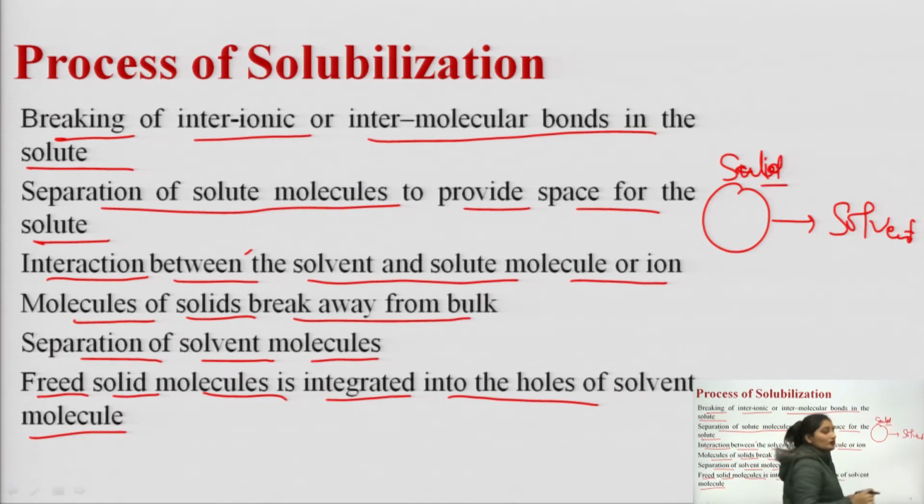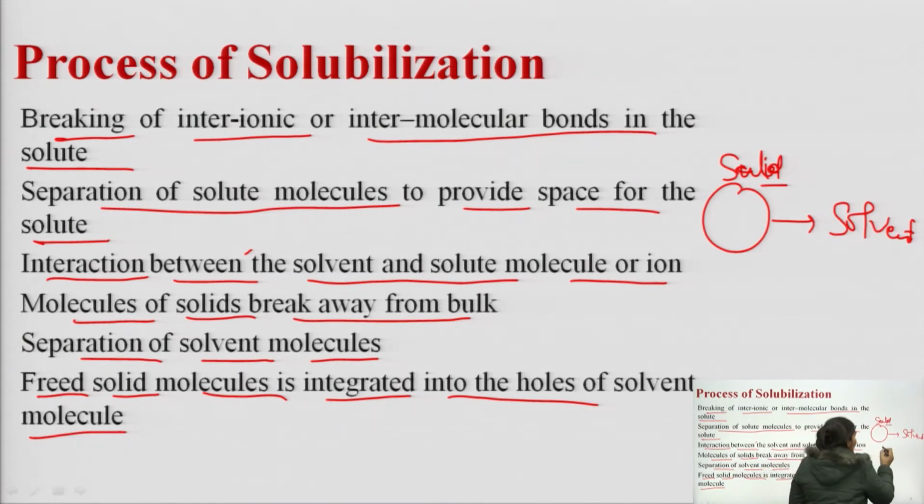A certain solid or solute is going to be mixed in the solvent, and for this there should be breaking of interionic or intermolecular bonds in the solute. Only then can solubilization occur. Second is separation of solute molecules to provide space for the solute.